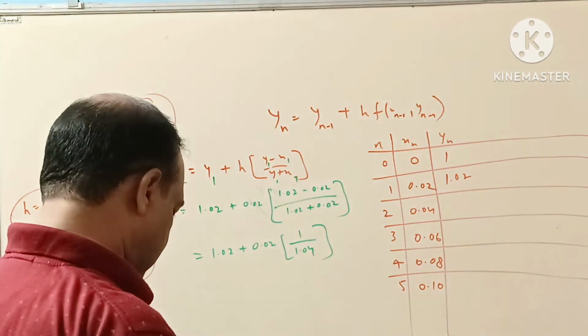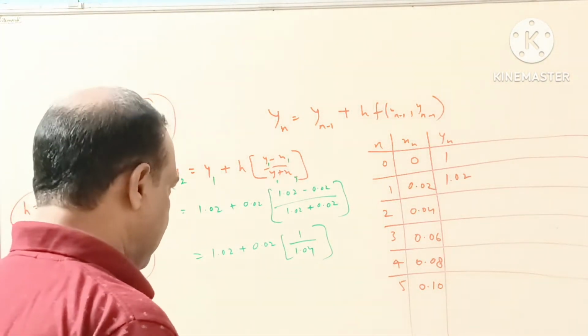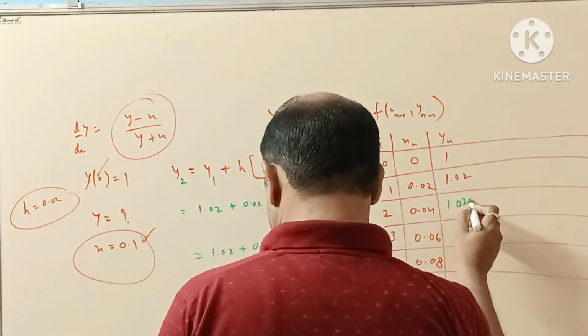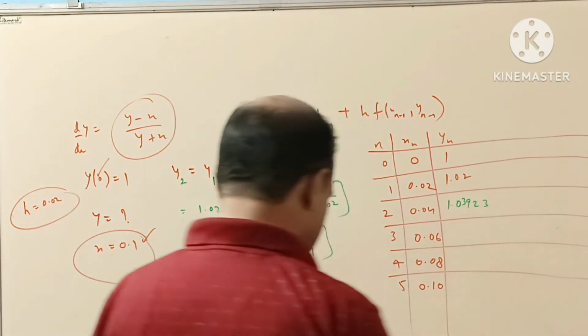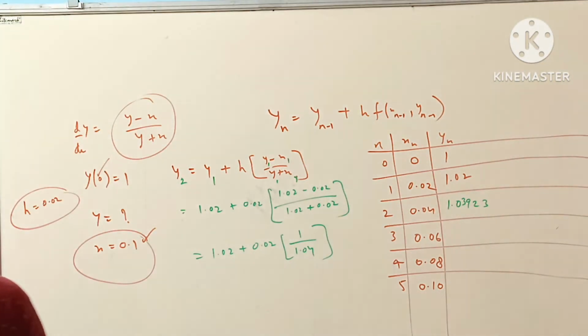You will be having 1.039, or 1.03923 if you are going for much more exactness.